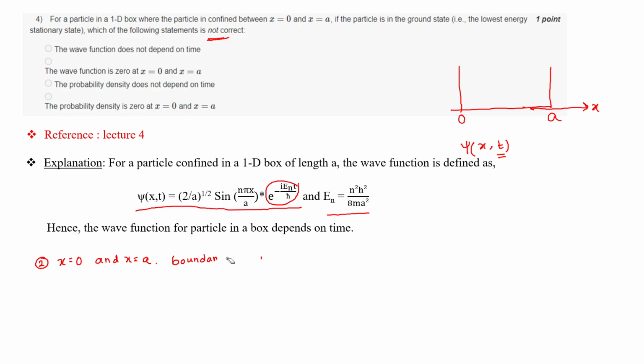I am just writing it as some constant c into e to the power, what will be the complex conjugate of minus i E n t by h cross? This will be plus i E n t by h cross. Fine. So what is c? c is nothing but 2 by a to the power half sine n pi x by a.